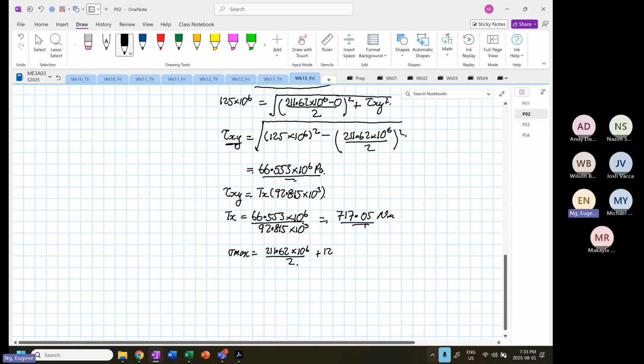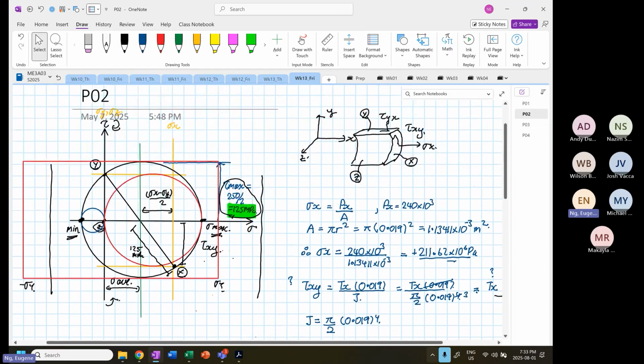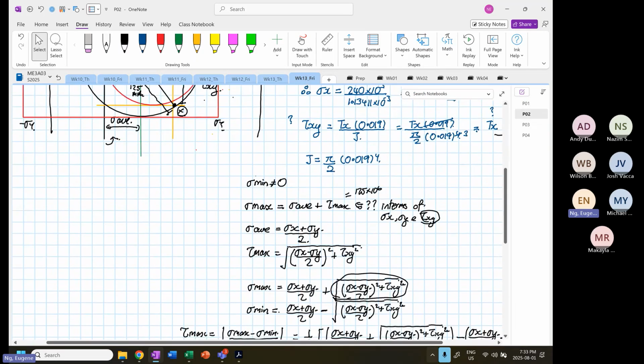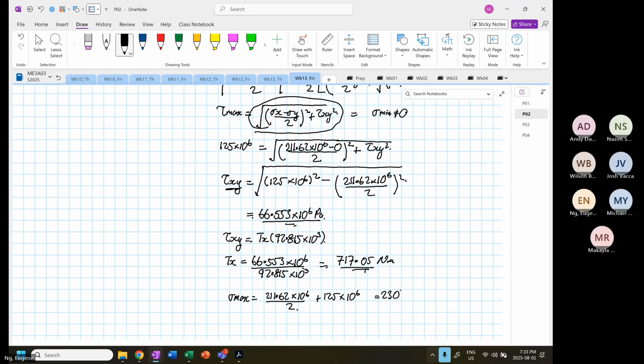So plus 125 times 10 to the power 6. Before I go on, the normal stress over here is tensile. So 211.62 times 10 to the power 6 divided by 2 plus 125 times 10 to the power 6 is equal to 230.81 times 10 to the power 6 Pascal.